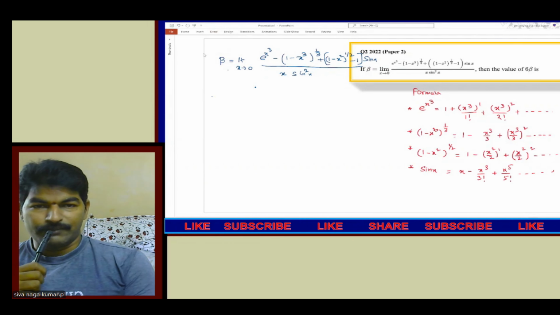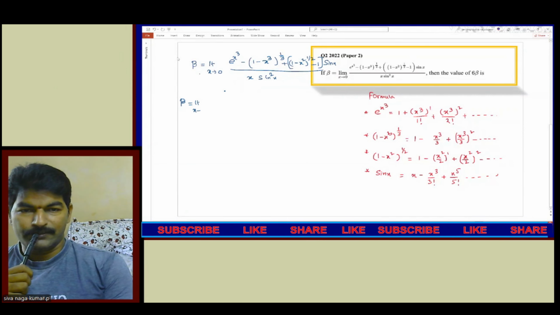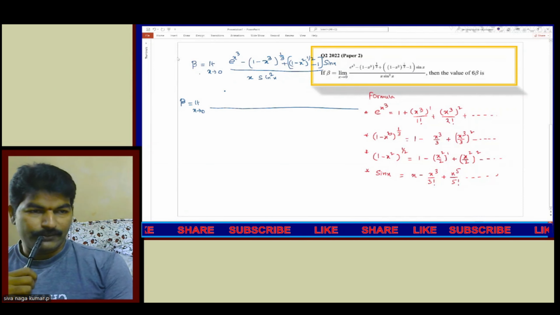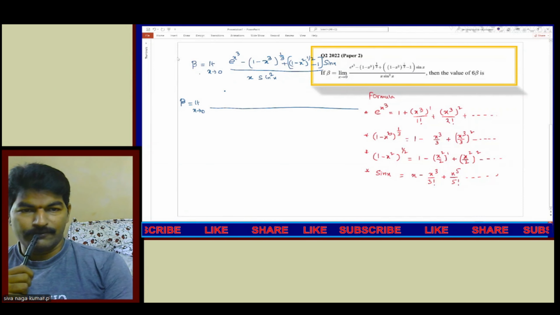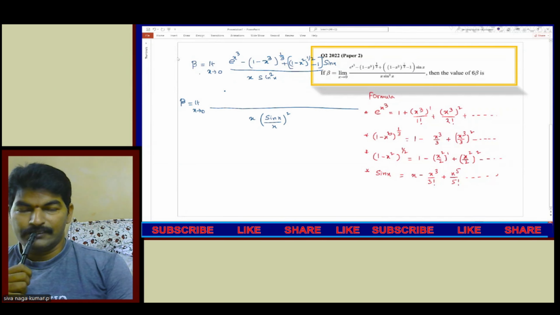So let us substitute one by one. So now beta equal to limit x tends to 0. And we will take first e power x cube. First we will solve this denominator. Look at the denominator, x and sin x by x. Can I write it whole square like this? In this denominator, sin x by x, the fraction's denominator x was taken extra.